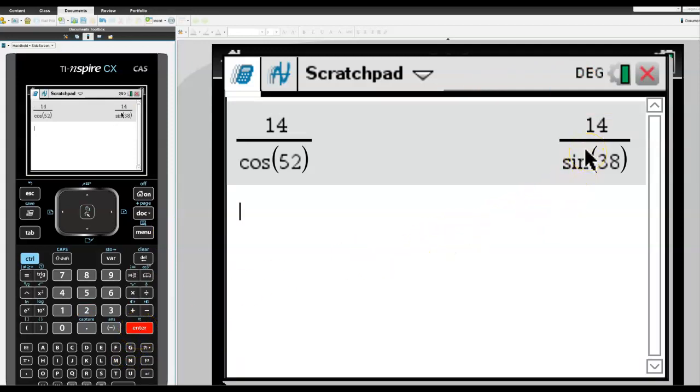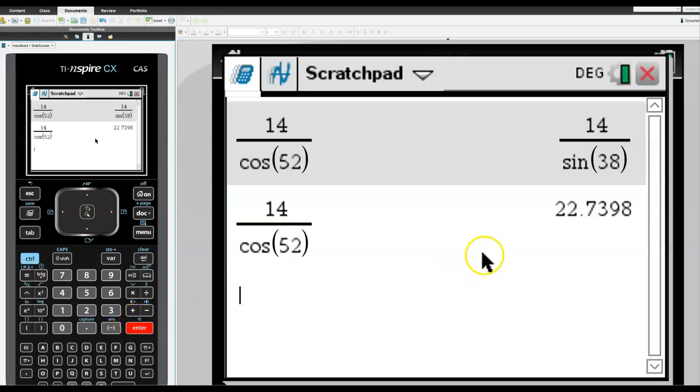Now you might not know what to do here. Here's a simple thing: hit control, and where it says enter, by hitting control we get this equivalent sign. So you hit enter and we get 22.7. If this was a 5 or more, we'd go up to 22.8, but right now it's 22.7.